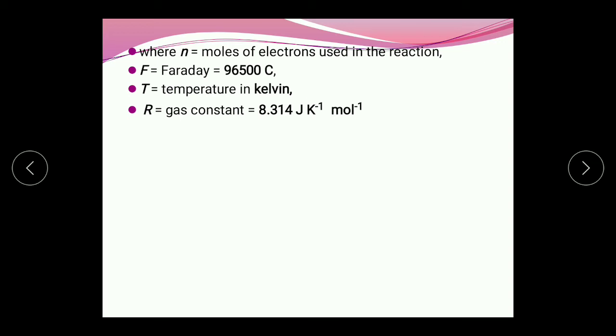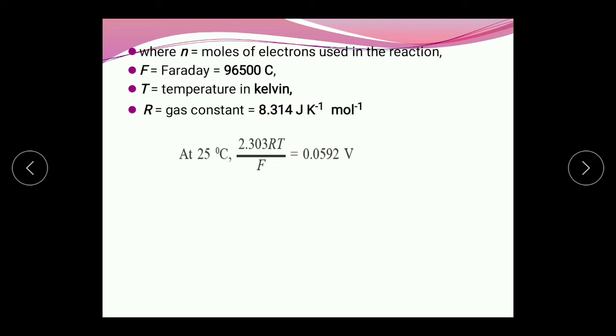Suppose we take the temperature as room temperature or 25 degrees Celsius. Then at 25 degrees Celsius, 2.303 RT over F becomes 0.0592 volt. How?